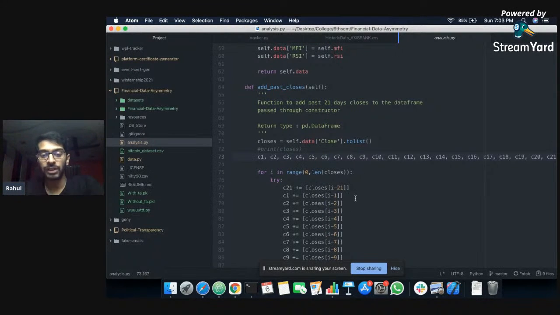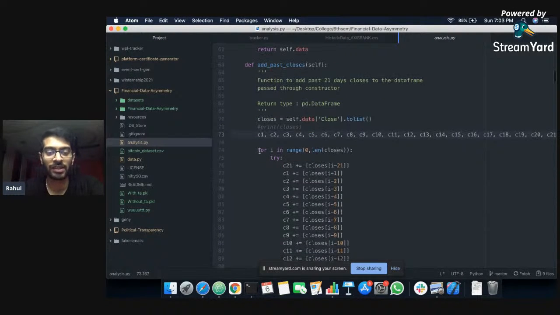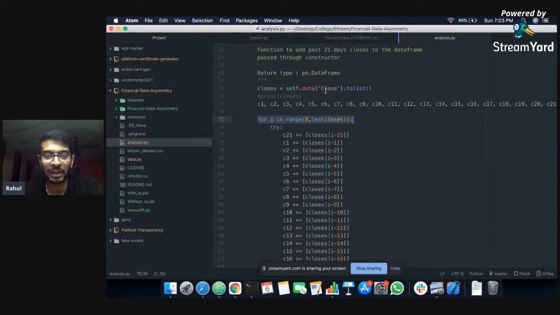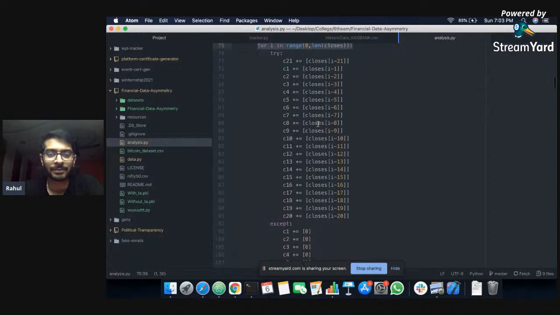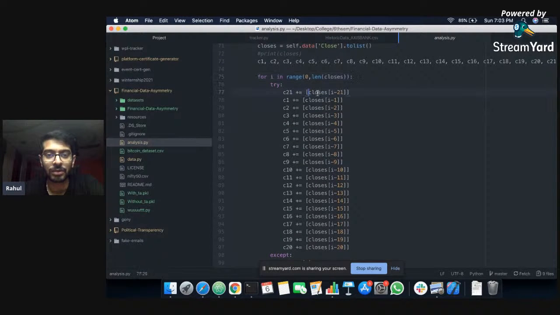Okay. So to actually understand the closing prices, what I'm doing is running a for loop for the entire length of this particular closes list, right? And I'm just checking if it has 21 days. I'm doing this statement in the very beginning because, as I mentioned, I want to store the past 21 days context information.